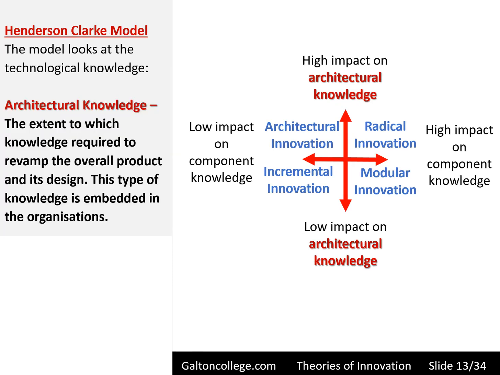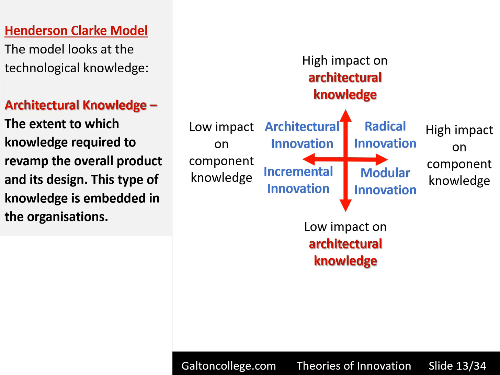Architectural knowledge first. Well, that's the extent to which knowledge is required to revamp the overall product and its design. This type of knowledge is embedded in the organizations. So architectural knowledge is the extent to which knowledge is required in order to radically change a product.